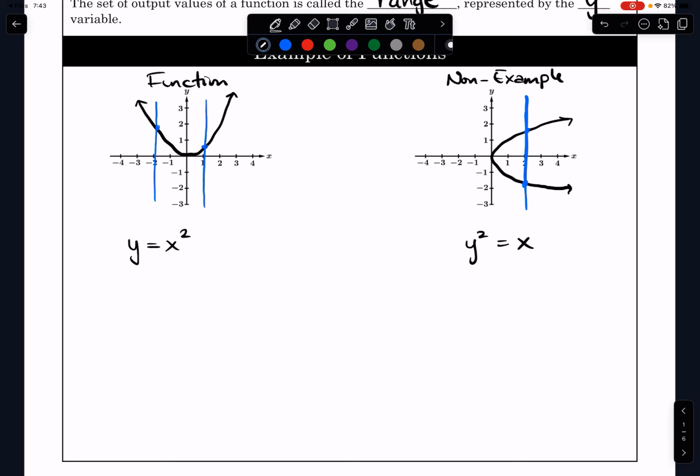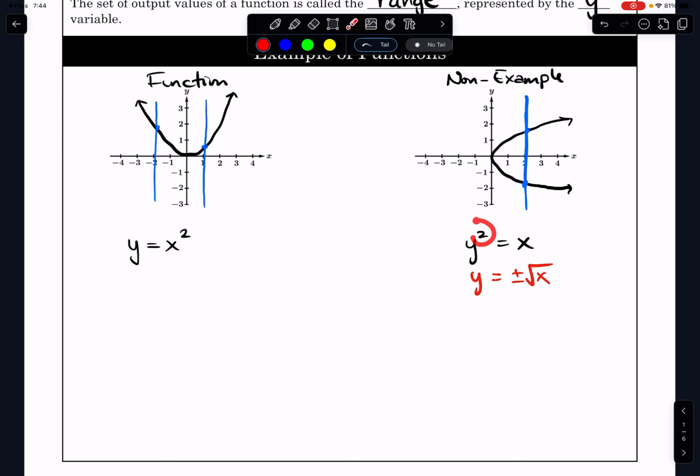The difference, in very layman's terms, is that if our output value y can have multiple values for a single input, meaning that we can have y squared equal to x, which means that y is equal to both the positive and negative square root of x, then this is not going to be a function.